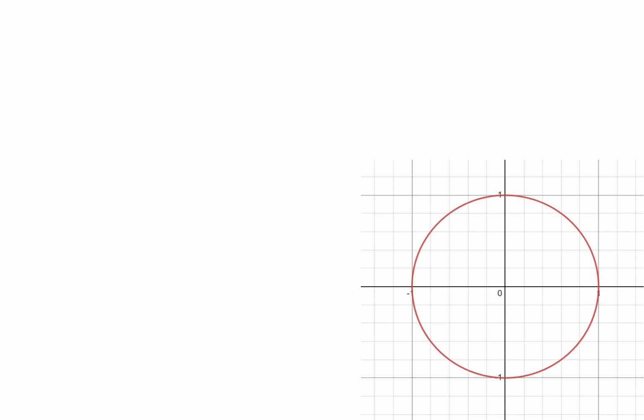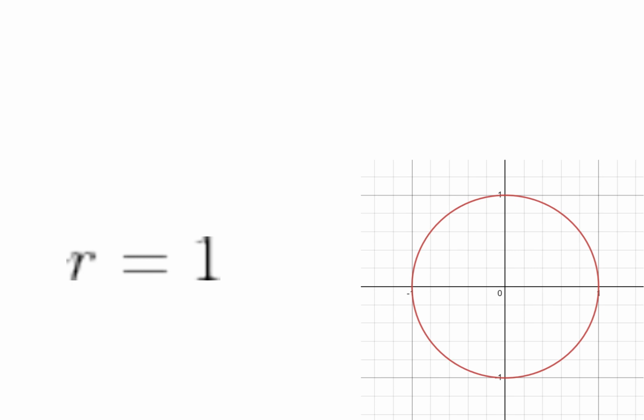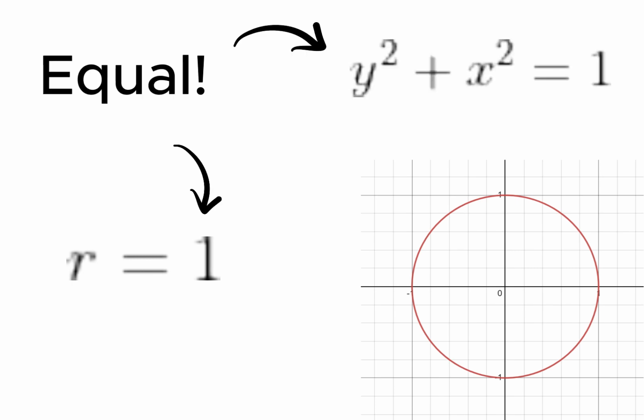Well, now, after you learn about parametric and polar equations, you will see that graphing circles is completely possible, just in different forms of functions, or different types of functions. And believe it or not, this polar equation that you see here is equal to the rectangular equation y squared plus x squared equals 1. It's just that one of them is a function and one of them is not a function.